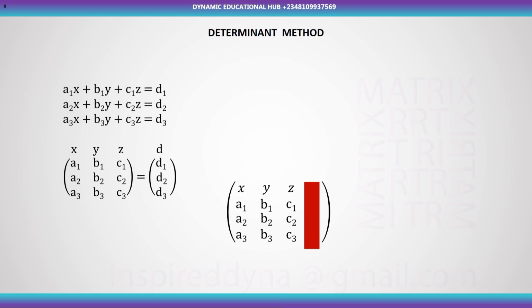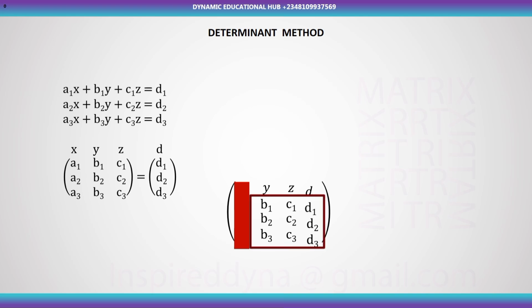Which means that we are going to delete the D column. Deleting it, whatever matrix we have here, we can find the determinant. Whatever matrix we have, we call it D naught, and we can find the determinant. We delete the X column, we are left with this matrix.